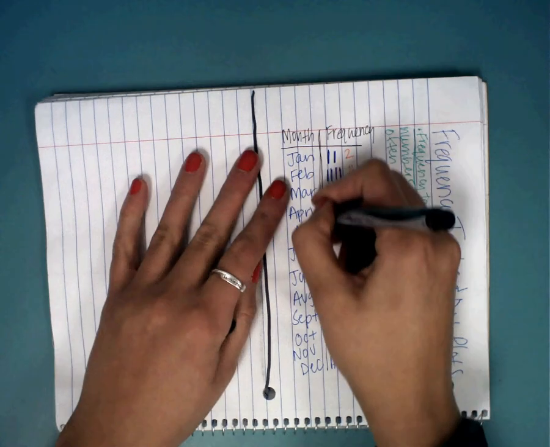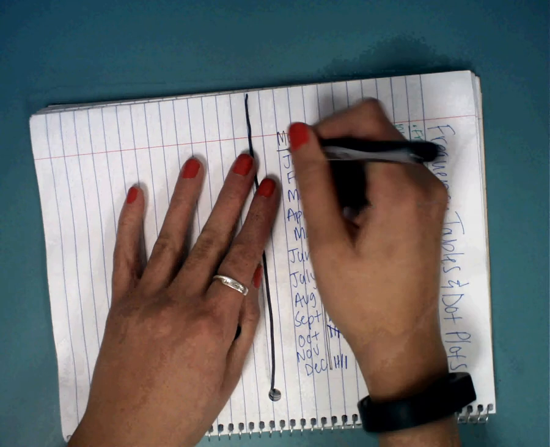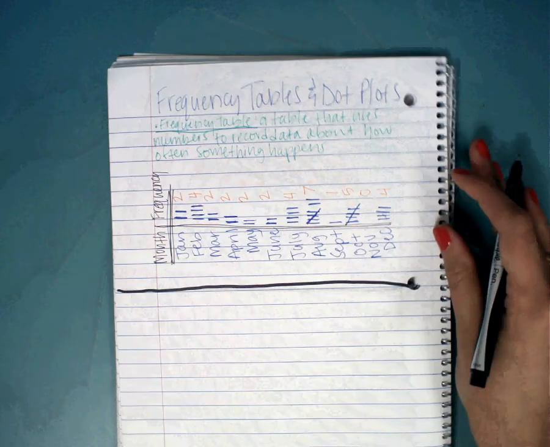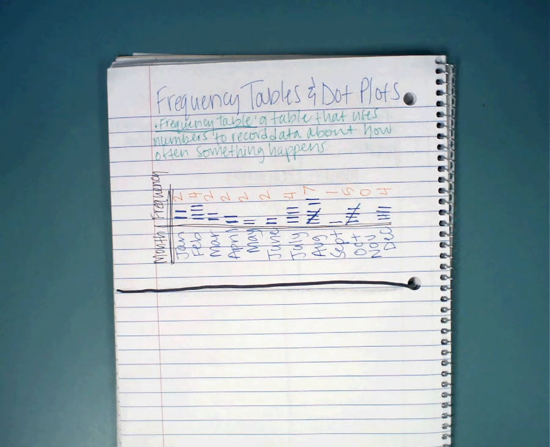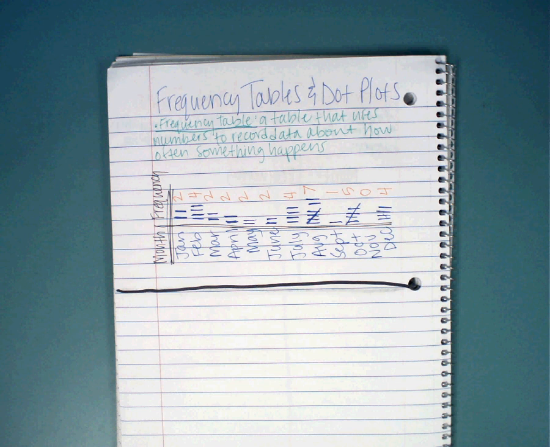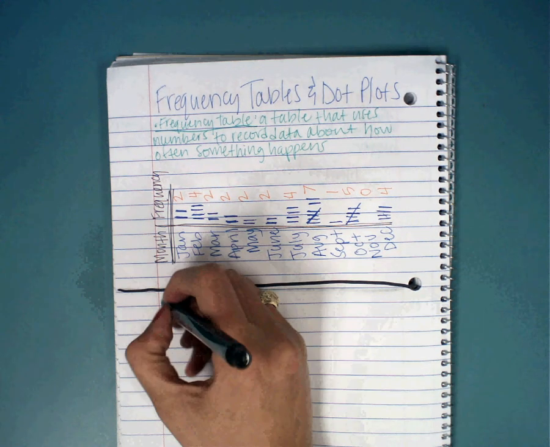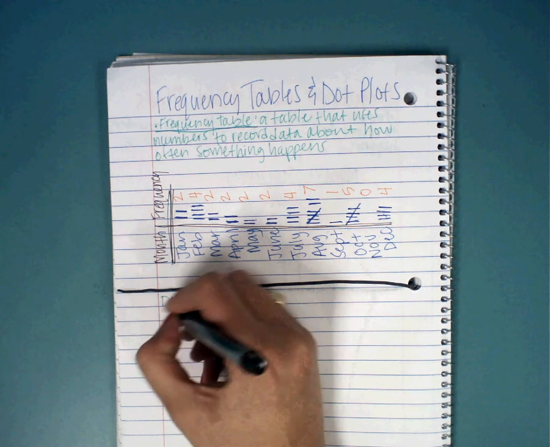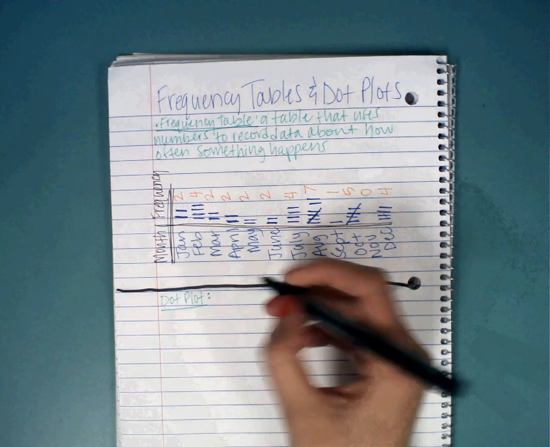Okay, so now let's talk about what a dot plot is. Dot plots are used to show what frequency tables already show. So they basically show the same thing just in 2 different ways. So a dot plot is a graph that shows the frequency.